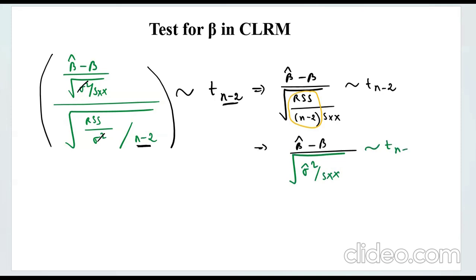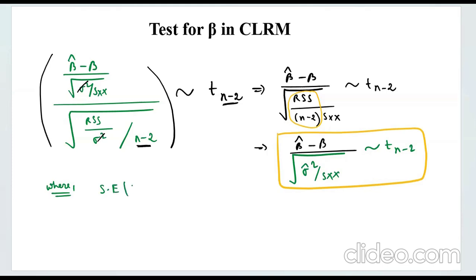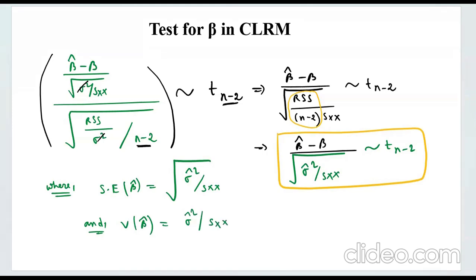So this follows T n minus 2. This will be the distribution of our test statistic, where the standard error of beta cap is nothing but root over of sigma cap square by Sxx, and the variance of beta cap is nothing but sigma cap square by Sxx. I hope up till this much is absolutely clear to you.